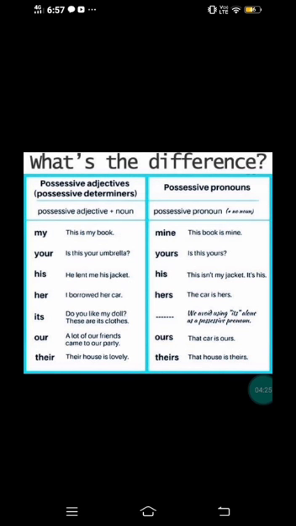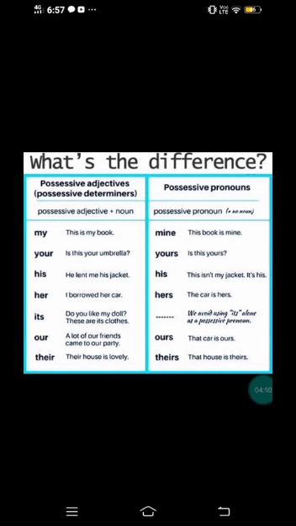This is my book. My is your possessive adjective, and book is your noun, right? Whereas in the possessive pronouns, there is no noun. That book is mine. Possessive pronoun plus no noun.